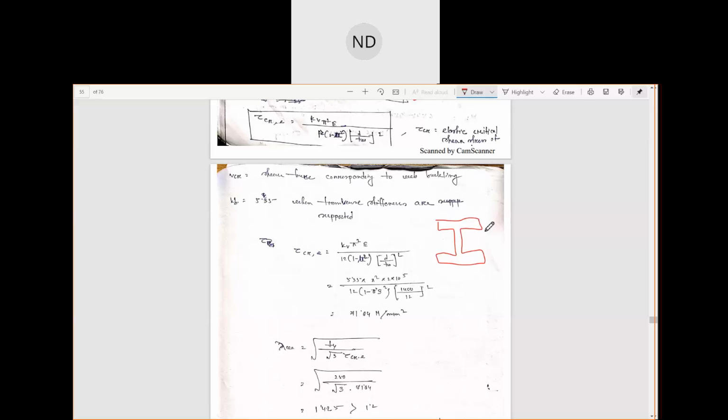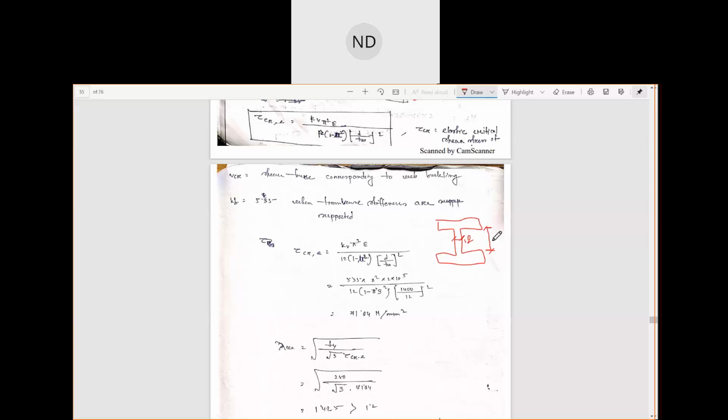We had this I section, and this one was how much? This one was 1400, and this thickness was 12.